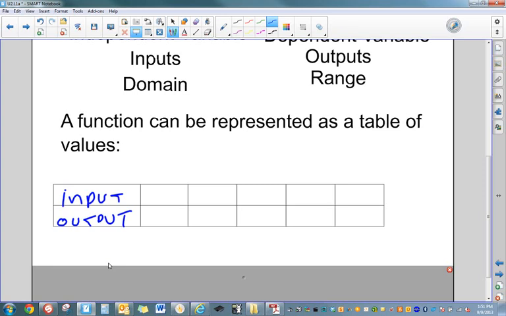Using the mapping diagram, go ahead and fill in the input and the output.